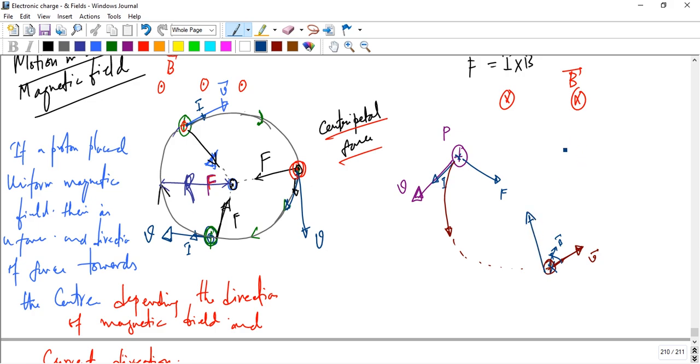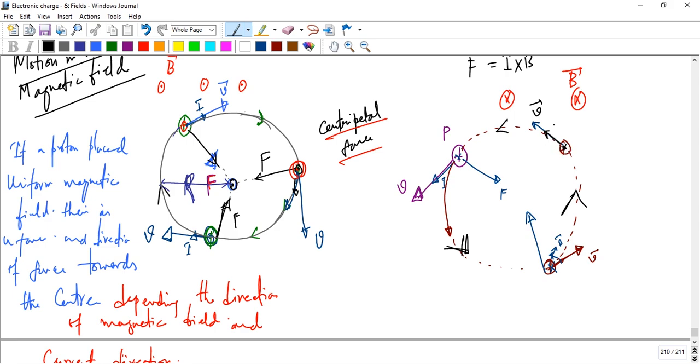Similarly, when a charged particle goes in here, or here, the velocity is in that direction, and the current is obviously in the same direction. Okay, so there is a force and there is a magnetic cross product.